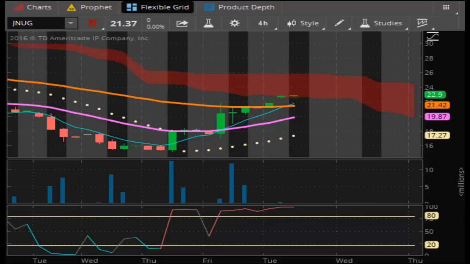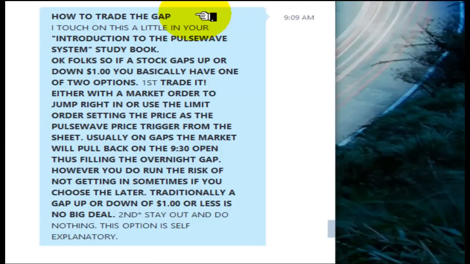So just like I explained to you in the chat room, basically it is as this. Okay, how to trade the gap. I touch on this a little in the introduction to the Pulse Wave System study book. Those of you who bought the study course, the introduction to the Pulse Wave System study book came with it.